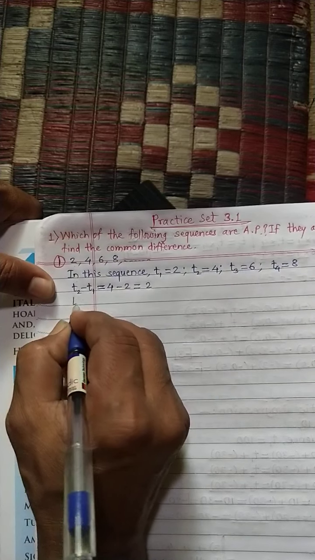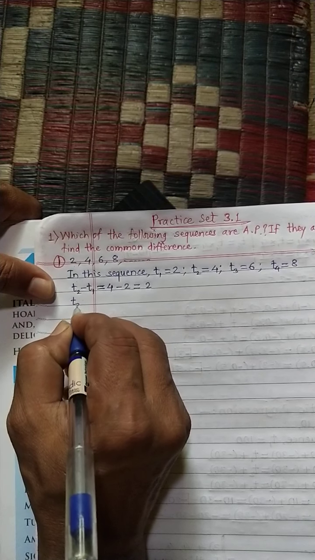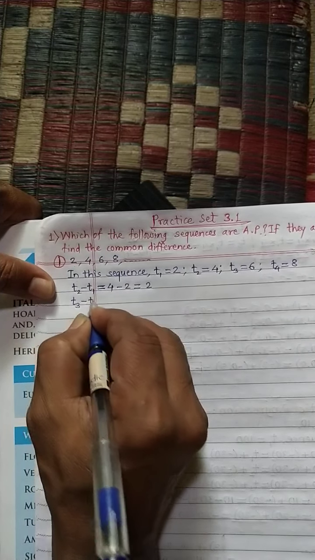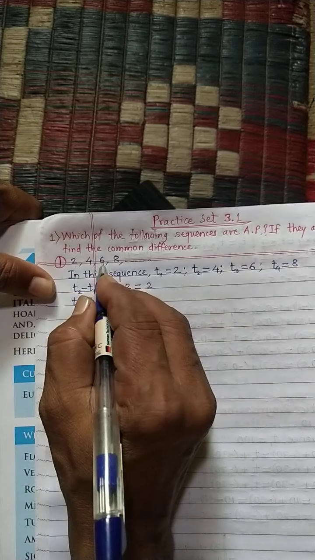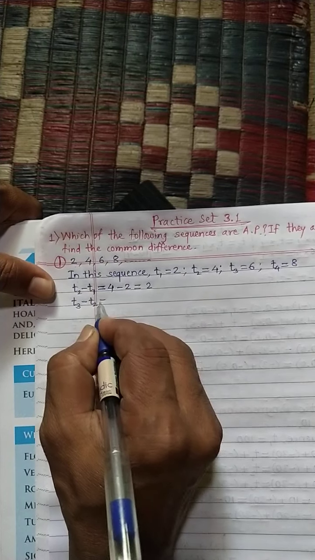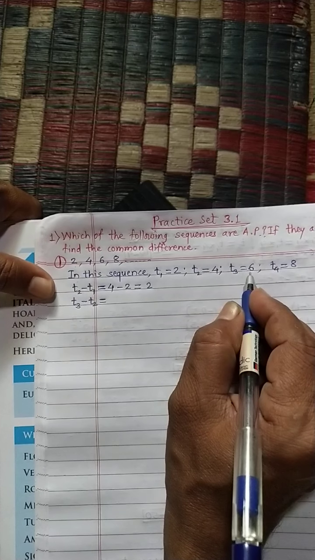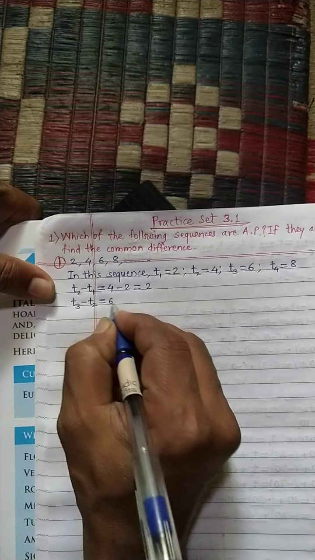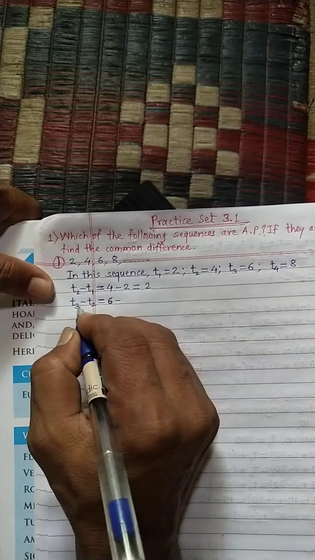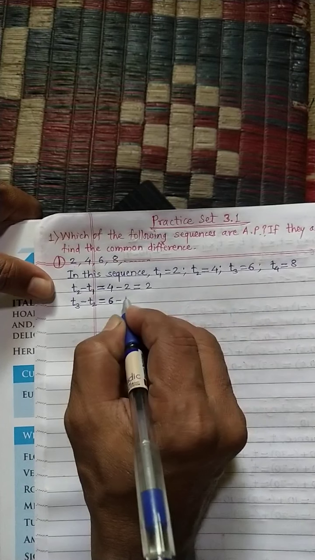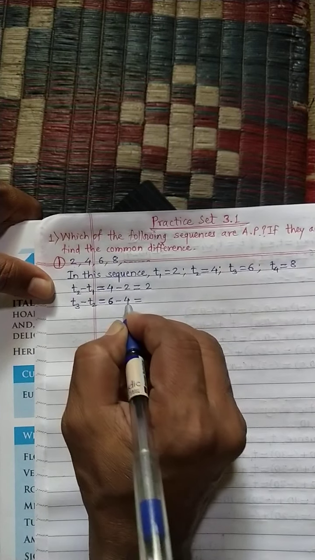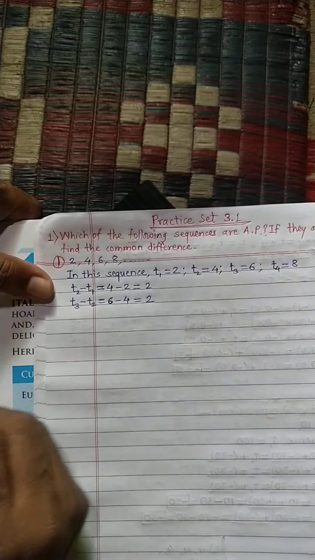Okay, now next, T3 minus T2 is equal to 6 minus 4, which is 2 also.